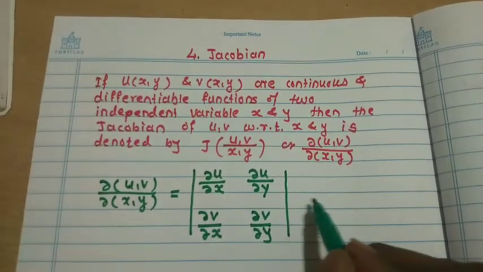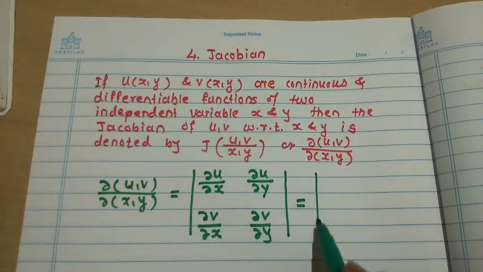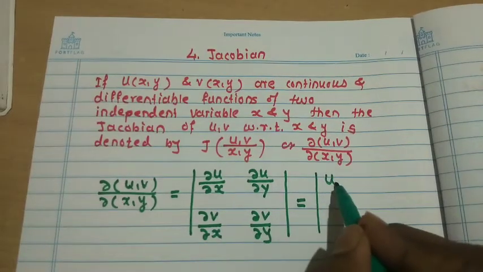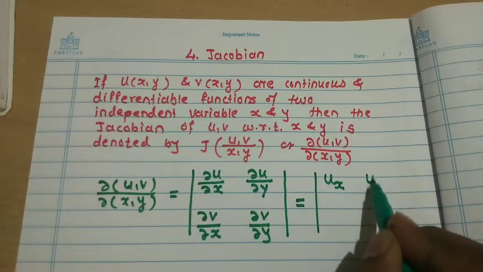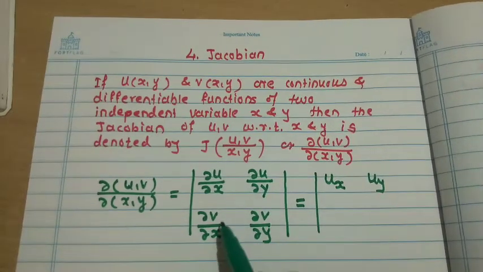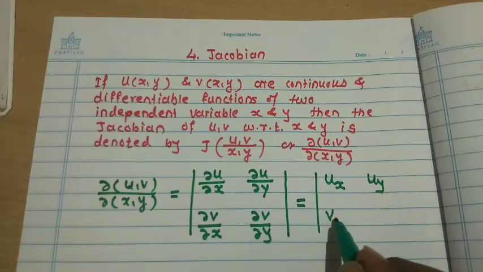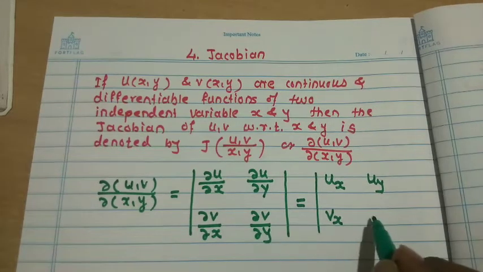Or we can write this Jacobian as determinant of this del u by del x, we can write u suffix x. Del u by del y, we can write u suffix y. Similarly, in second row, del v by del x, we can write v suffix x. Del v by del y, we can write v suffix y.